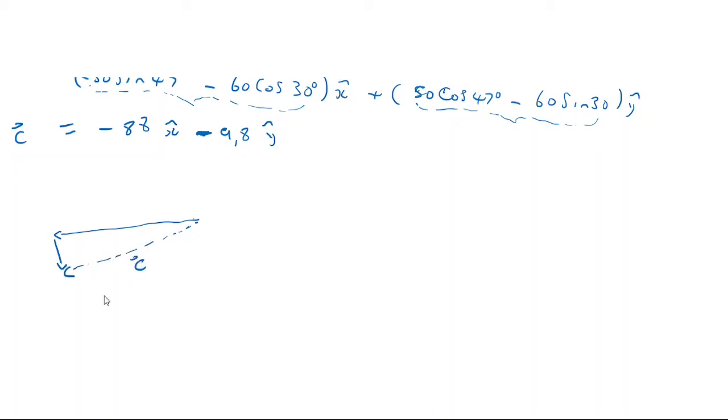This is my vector c. So this is b, and then this is minus a. That's how the vector minus a is going to look. This is incorrect.